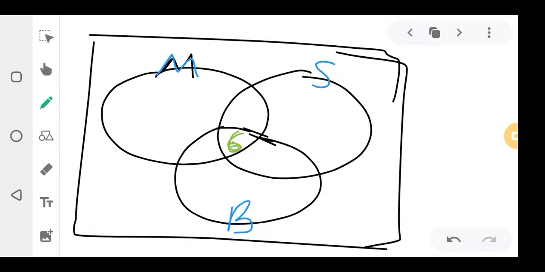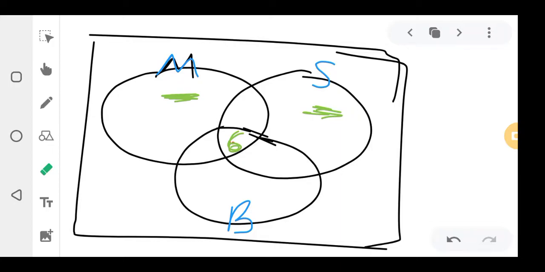Okay, and then we have to find the ones that are coming here. Okay, these ones took mathematics and they took science. So we have to find the ones that took mathematics and they took science. Then the number that they are, you put the number here.